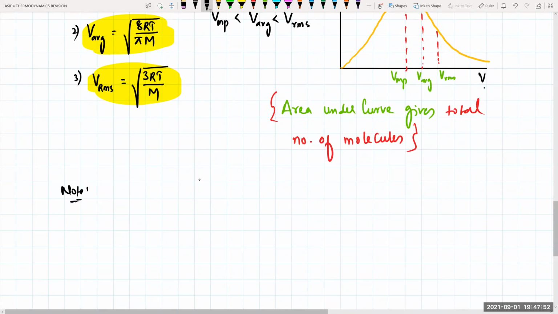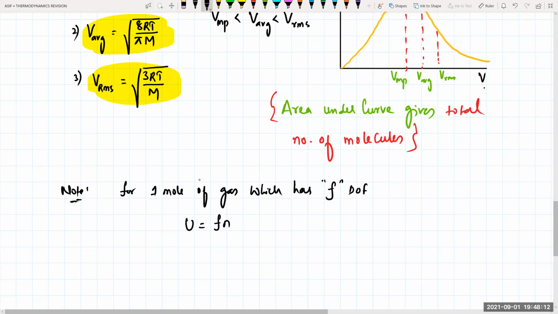So for n moles, I can write U is equal to F into N into R into T divided by 2. I hope you remember this one. Yesterday only I told you, isn't it?